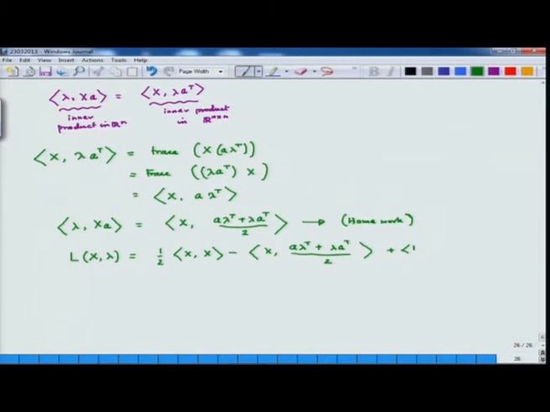Now, let me just tell you something. You might ask, what about this constant, where does it vanish to? Here I have already taken x equal to x transpose, and I have set up my problem like this.